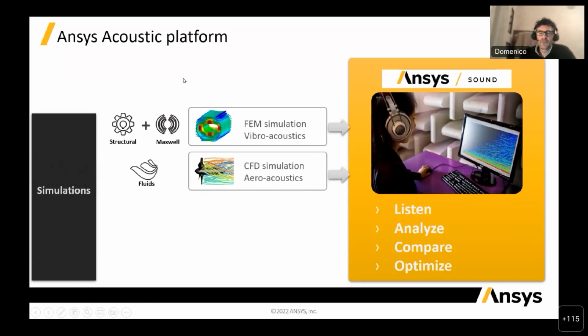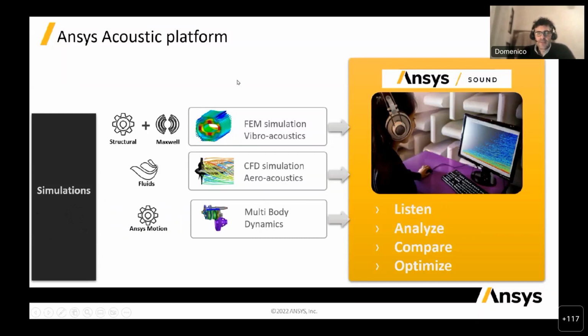Then today we will focus more on the fluids part, and you know very likely that our main tool for this in ANSYS is ANSYS Fluent, so we will spend more time in this session today to talk about what you can do with ANSYS Fluent, how you can predict aerodynamic noise, and also how you can interact the fluid simulation with structural simulation and with the rest of the platform.